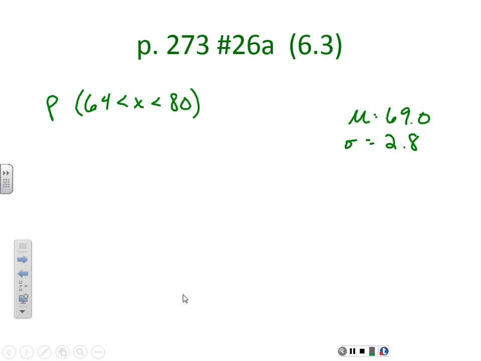To find your z-score, you're going to take x minus the mean, divided by the standard deviation. So for the first one, we're going to take the 64 minus the 69 divided by the 2.8.